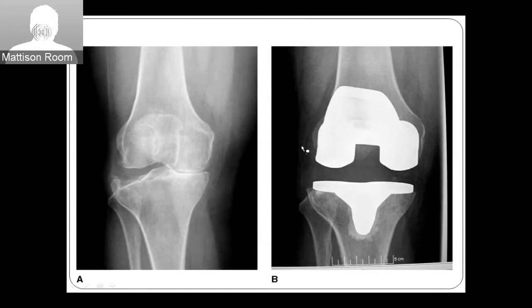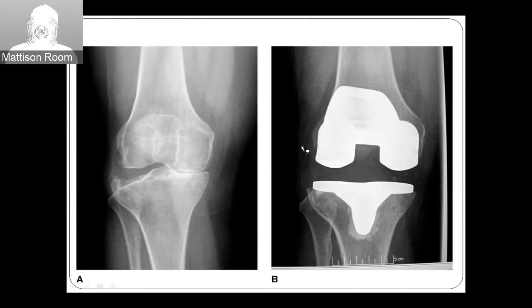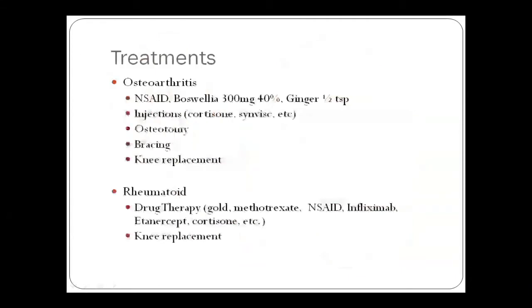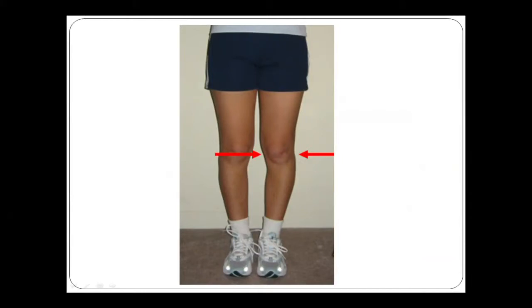And it doesn't correct the alignment of the knee either. At least with a knee replacement, we are cutting the bone, and we can try to make that leg straighter. So theoretically, if this patient's going to have a knee replacement, we could go in there and make the bone cuts so that it ends up looking straight like this after it's replaced.